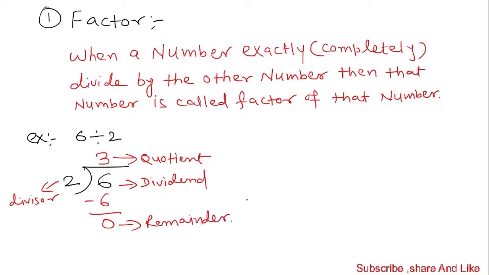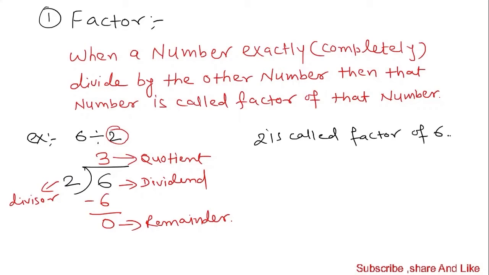So what is the definition? Exactly divided means we got the remainder 0, leaving no remainder. At that time, that number, here 2, is called a factor of 6. So here I write, 2 is called a factor of 6.